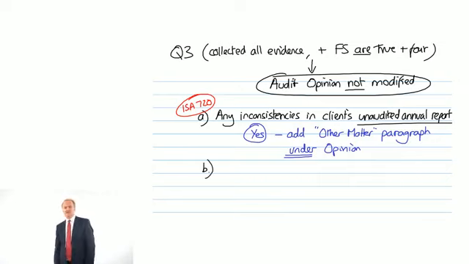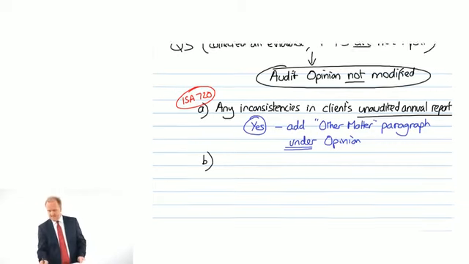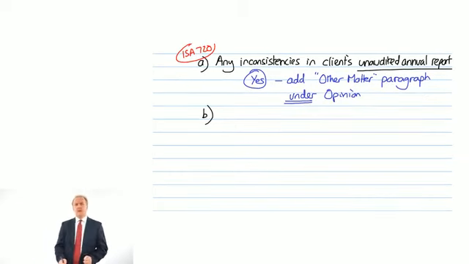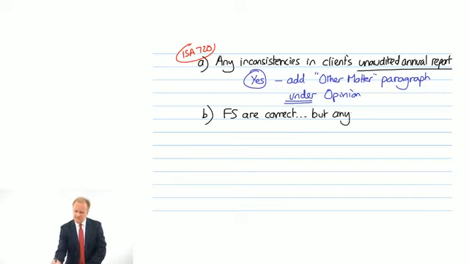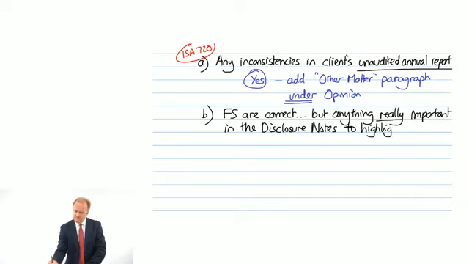And finally, question 3B, which says the financial statements are correct, but is there anything really important in there? In the disclosure notes, because that's where all the explanations are, that we would like to highlight.